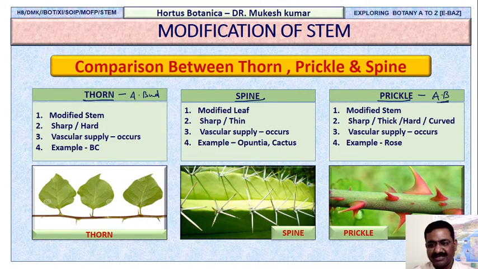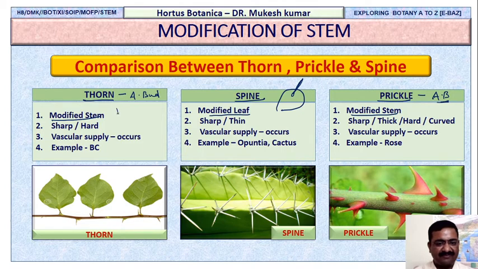So both arise from the axillary bud, and the bud is part of the stem, so it is a modified stem. Mind well. But spine, you studied, this is Opuntia. Opuntia bears this nodal structure, and the leaf turned into spine to reduce water loss. So spine is a modified leaf.